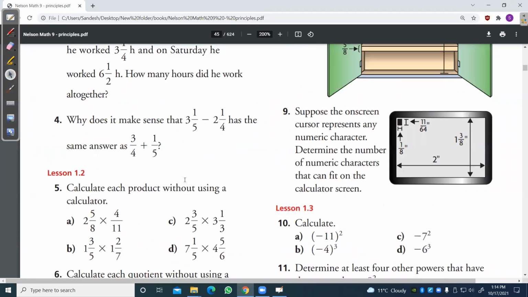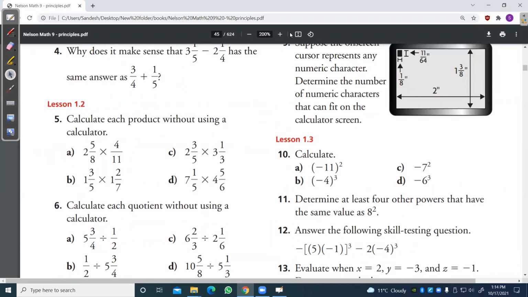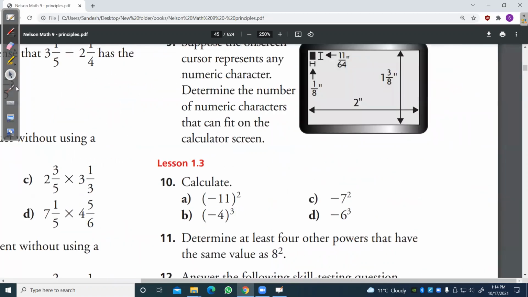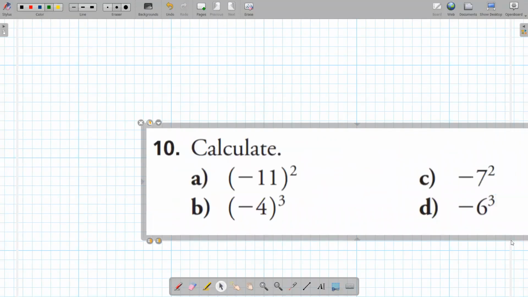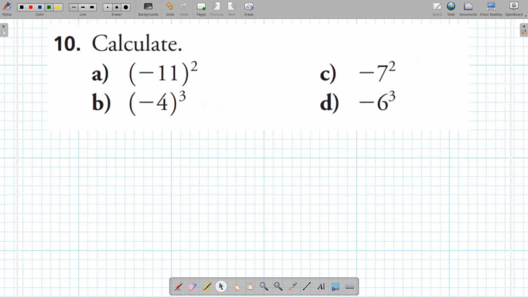Let's do powers, okay? We're basically going to be doing BEDMAS, but it's now going to have a lot of exponents. Let's try doing this. -11 squared, sorry, not -1 squared. Why are there brackets?